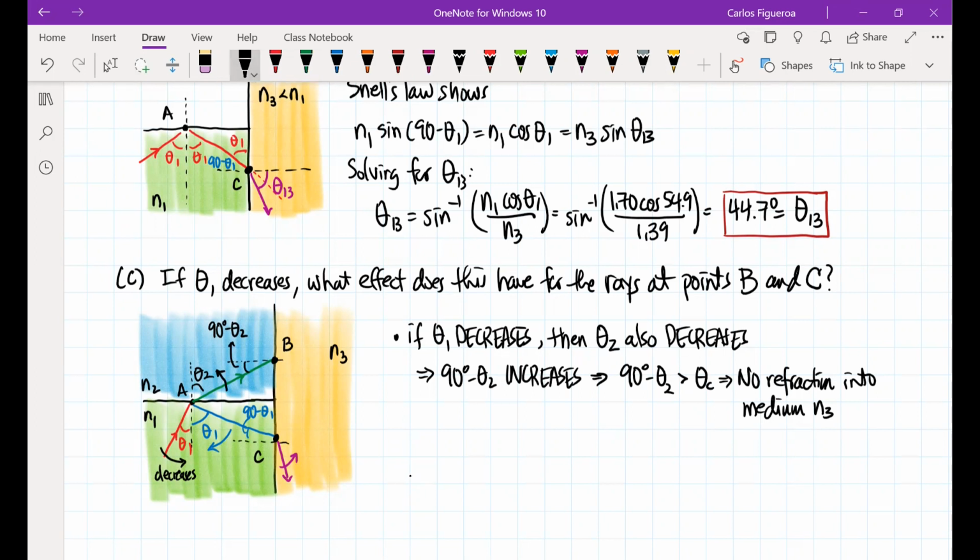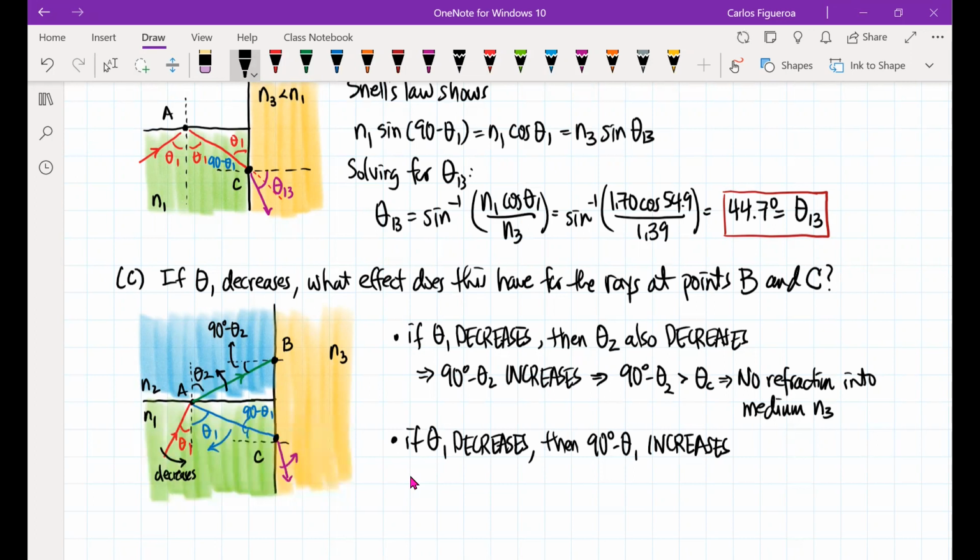And so what you're seeing here is that if theta 1 decreases, then 90 minus theta 1 increases.